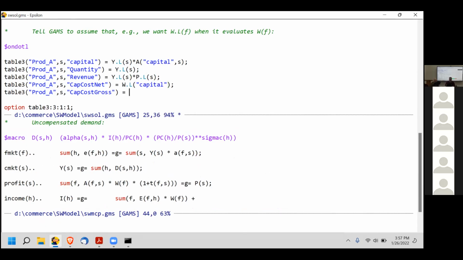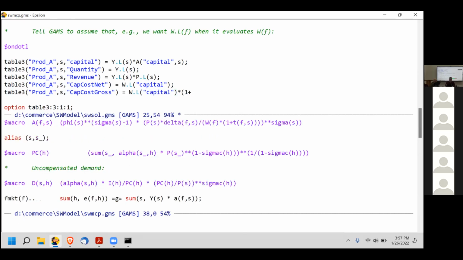And the capital cost gross is going to be W.L of capital times 1 plus T of capital into S.